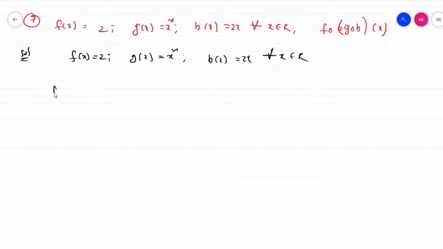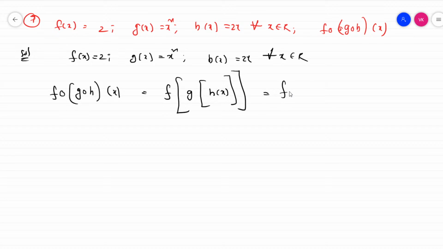Okay, let's find out f circle g circle h of x, that is equal to f of g of h of x. Then f of g of h of x means here we can write 2x, since h of x is equal to 2x.